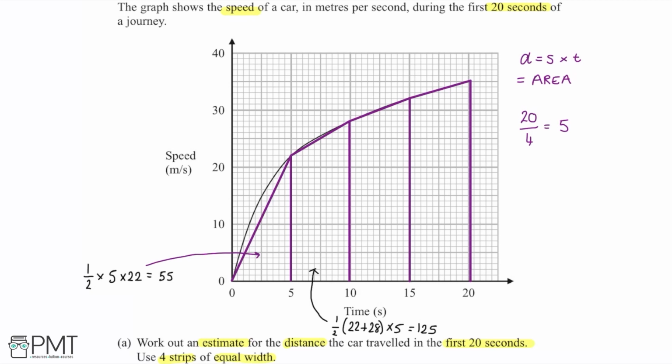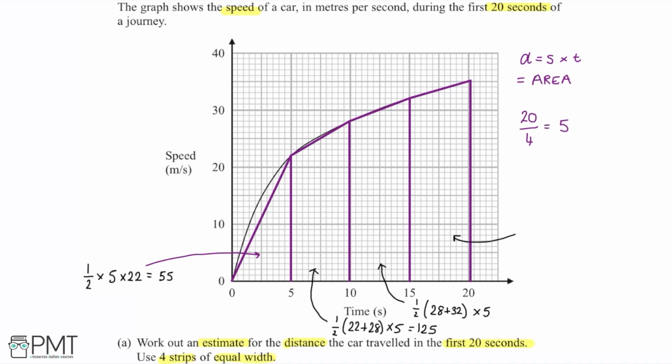We can then do this one as well using the same formula. So half the sum of the parallel sides, this time we have 28 and 32. So a half times 28 plus 32 times 5, again, which is the height between them.